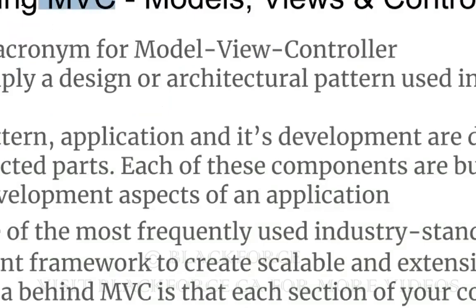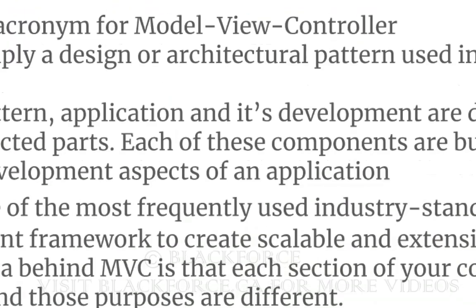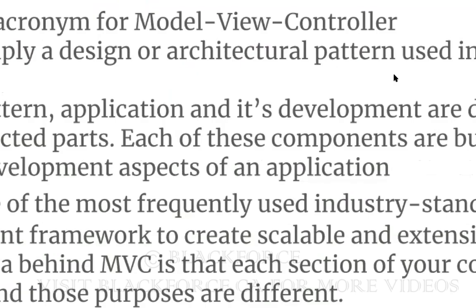MVC is an acronym for model view controller. It's a design pattern used to build software projects. Here I wrote software project, but see it as a dynamic software project.